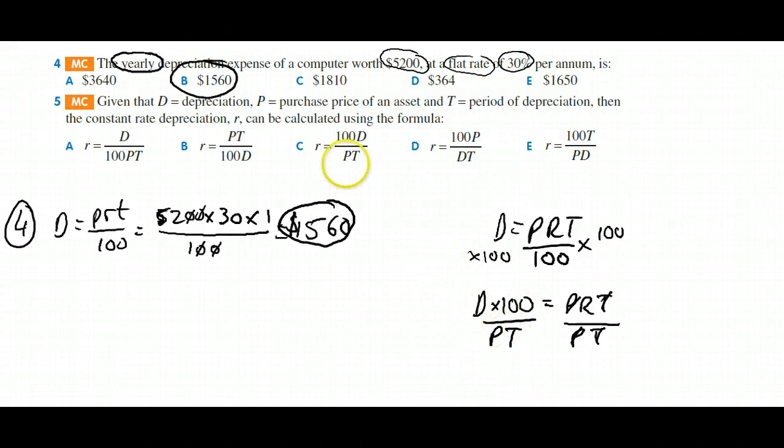Or they've written it this way, 100D divided by PT. That's that one there. So the answer is C.